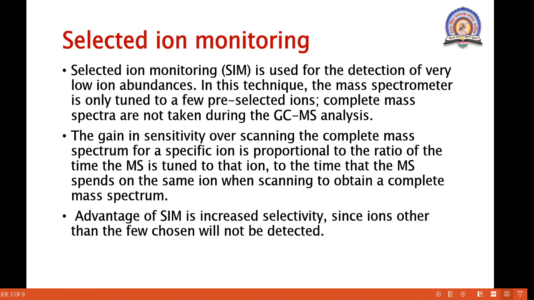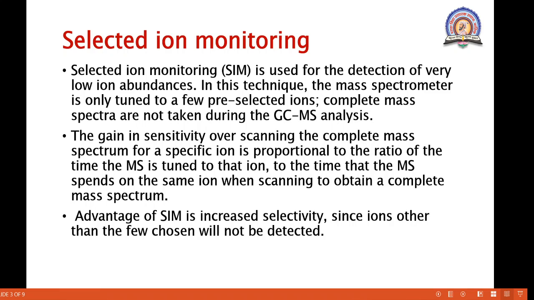The gain in sensitivity over scanning the complete mass spectrum for a specific ion is proportional to the ratio of the time the mass spectrometer is tuned to that ion to the time the mass spectrometer spent on the same ion when scanning to obtain a complete mass spectrum.